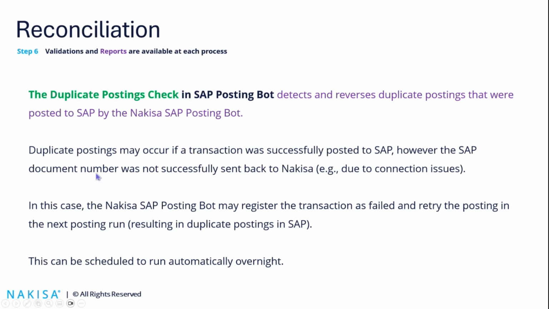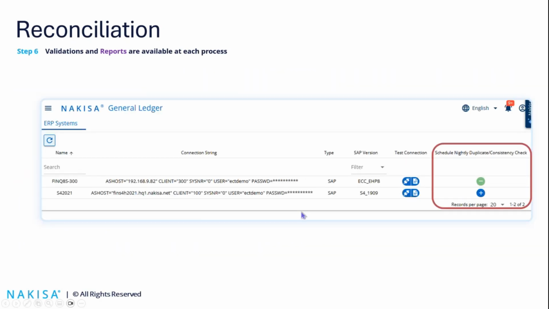Another feature we have is the duplicate posting check, and this is for our connected clients. It is available on our general ledger.